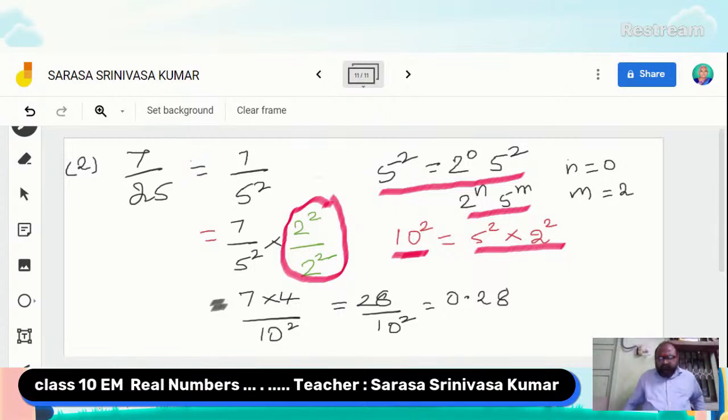We know the answer for 7 by 25. Simply we can give the answer directly. But for each and every step, we must give the reason. Why should we do this step? Why should we multiply and divide by 2 square? Why should we convert this?